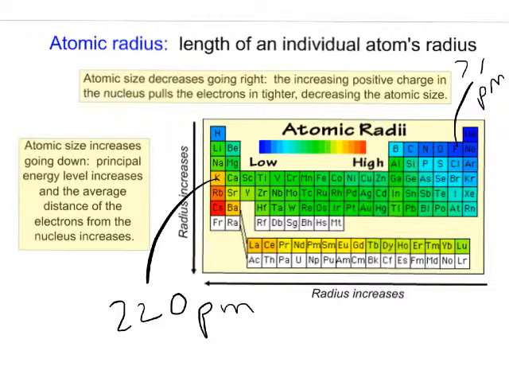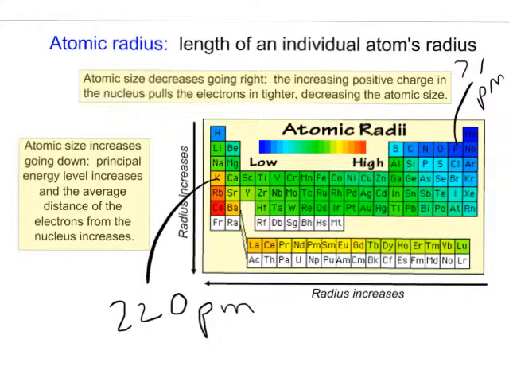So that just gives you a little idea on size. Obviously, as you go top to bottom on the periodic table, you're going to get larger, simply because the energy orbitals are greater. You have electrons farther away from the nucleus, and the atoms just get bigger.